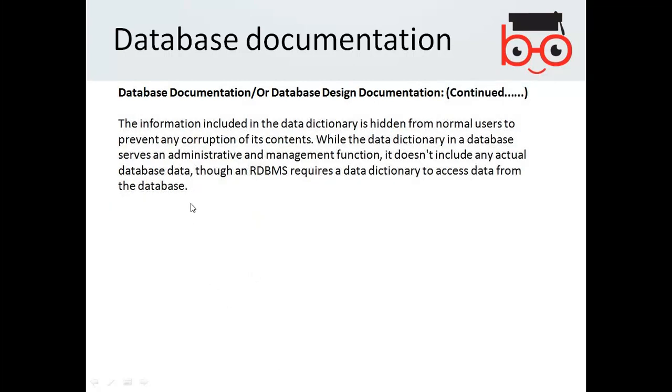The information included in the data dictionary is hidden from normal users to prevent any corruption of its contents, while the data dictionary in a database serves an administrative and management function. It does not include any actual database data, though a relational database management system requires a data dictionary to access data from the database.